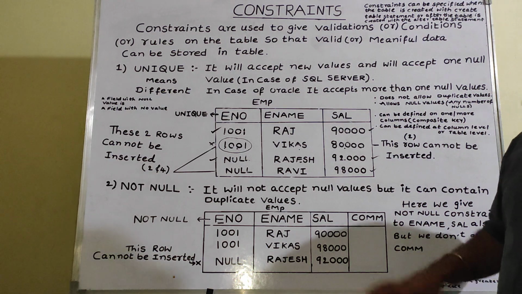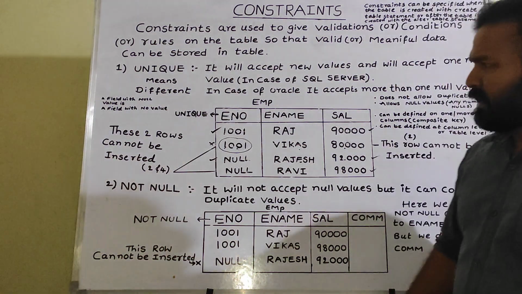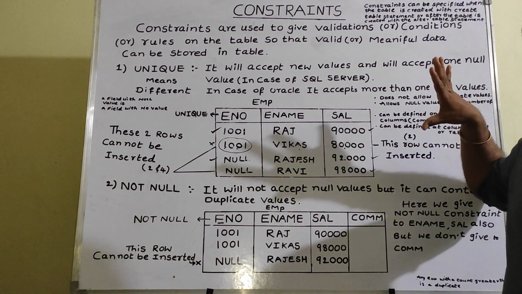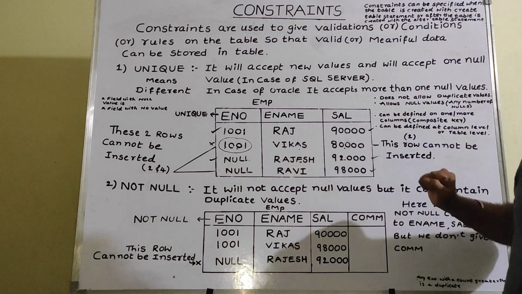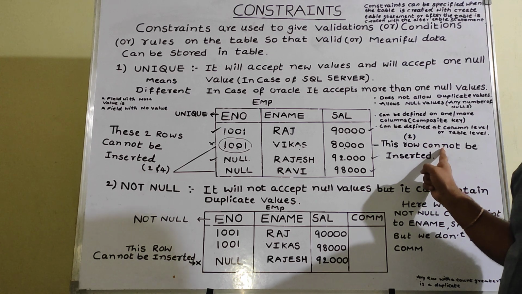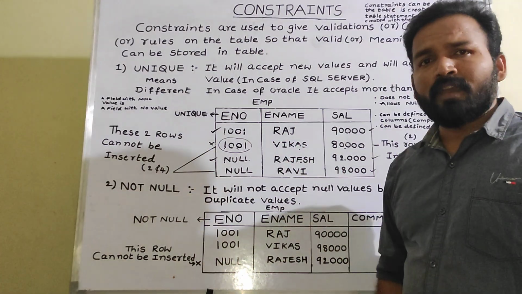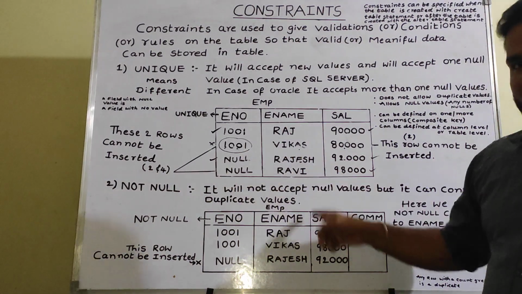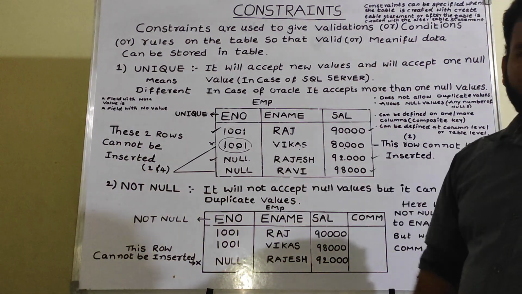So that is about the unique constraint. In Oracle, the second row cannot be inserted because of the duplicate value, and the remaining three rows can be inserted.